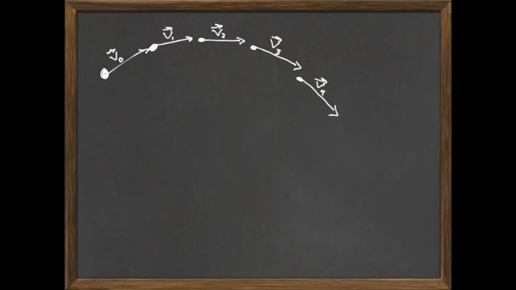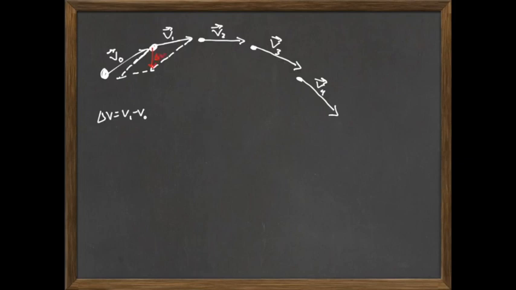Once it's in the air, it enters free fall. If I apply the idea again of the change in velocity, it would be the final minus the initial, and I apply that everywhere. So the negative of v0 would look something like that, and if I connect those dots, that would be the change in v.